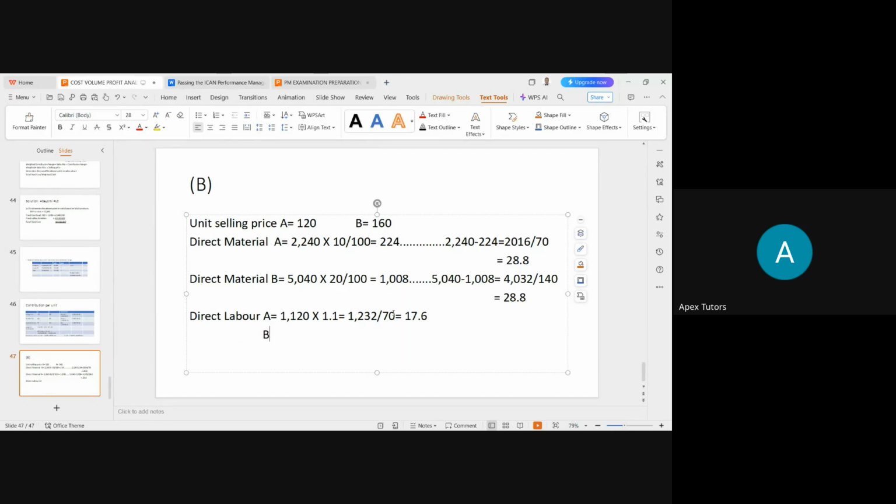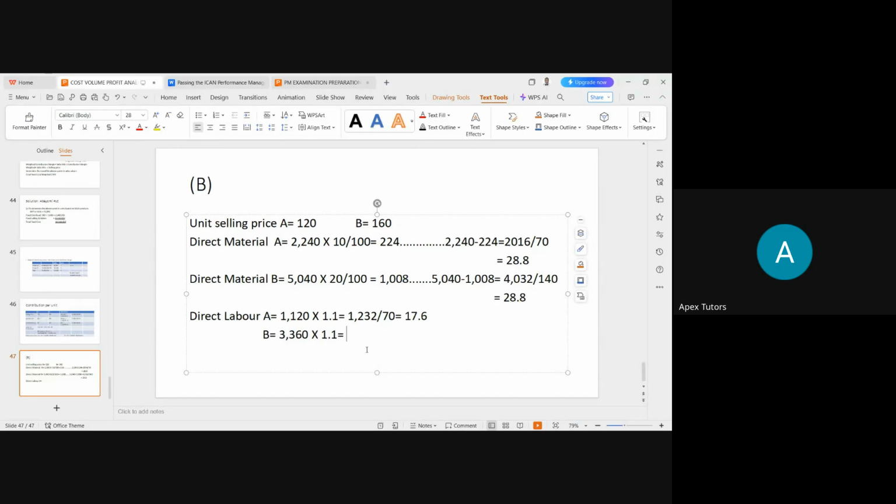For B, the original value of labor is what? From the question for B, 3,360. So when it increases by 10%, it will be what? 3,360 multiplied by 1.1.